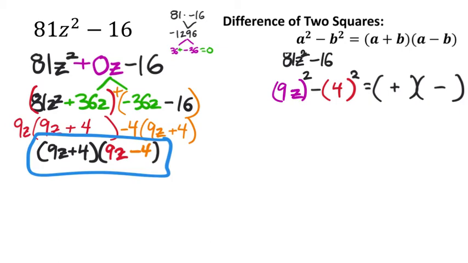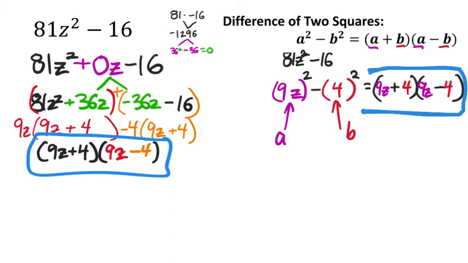So the 9z is the a on this one, so wherever I see a in this original expression, a 9z goes there. And then the 4 is the b value, so wherever you see the b, just put in a 4. Boom. You can see, again just by the rule, we end up with the same exact expression that we had back here.